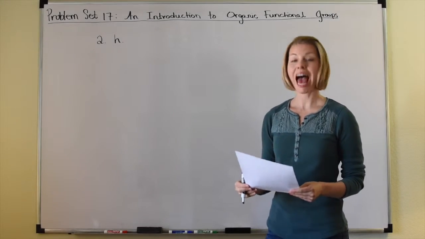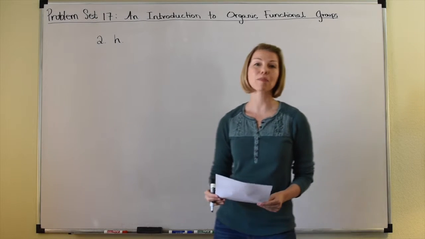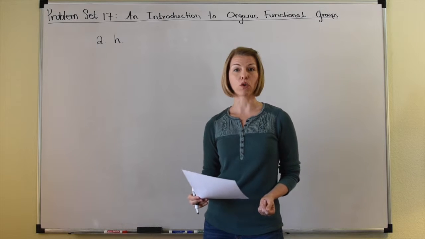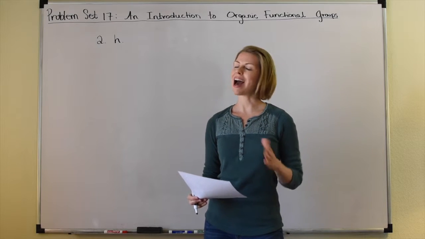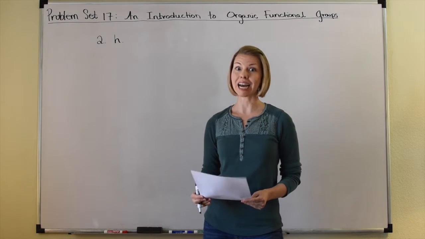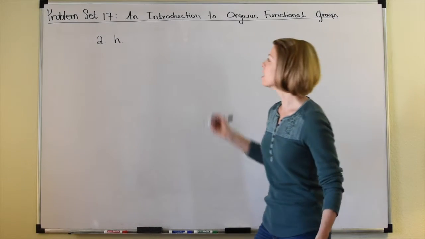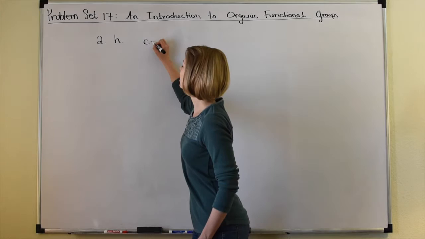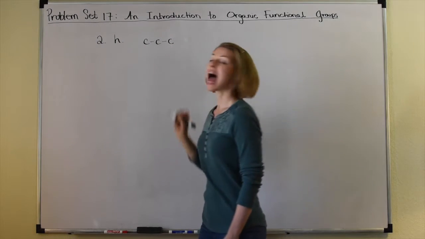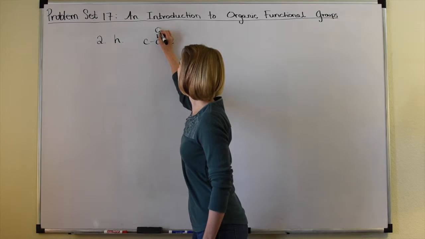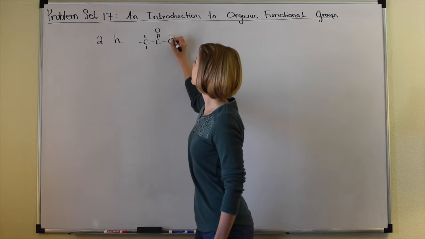Okay, H, acetone, a common name. So the IUPAC name for acetone is propanone, but acetone is going to be used 99% of the time, so it's a good one to know. Okay, so 3 carbons, 1, 2, 3, and it's a ketone. So a carbonyl here, and I'll just draw lines to my hydrogens.